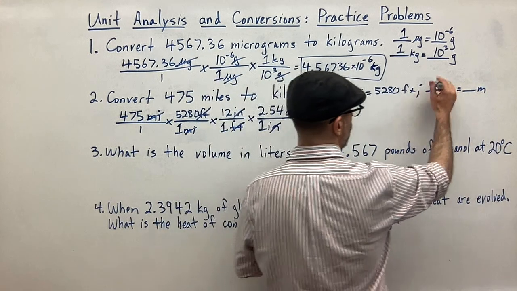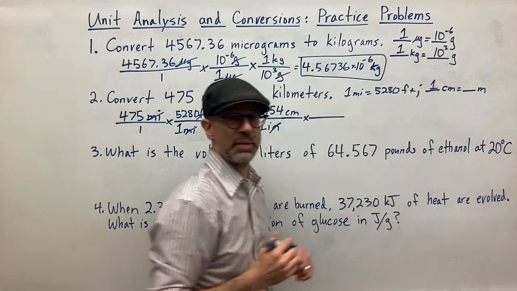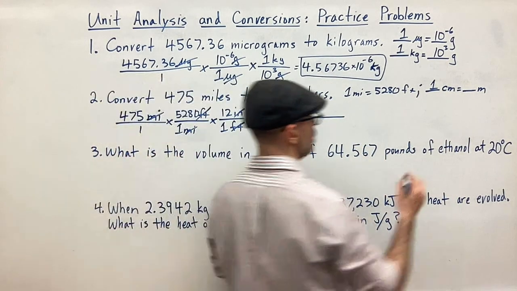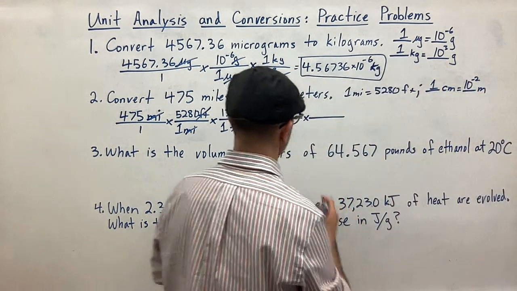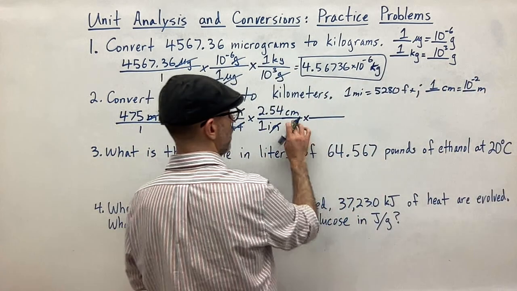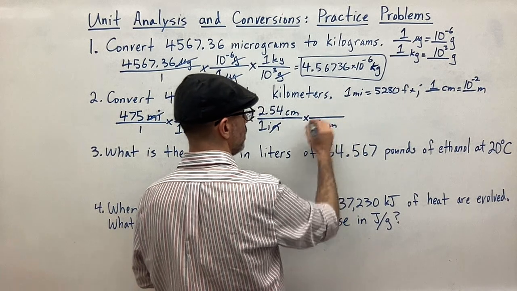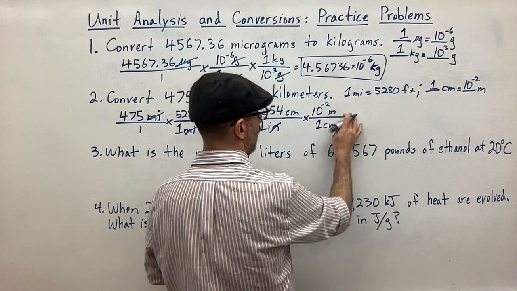So I always put the 1 with the prefix. So centi is the prefix. Centi means 1/100th or 10 to the negative 2. So 10 to the negative 2 meters. And so I can set that up here. So I have centimeters on top, so I'm going to put centimeters on the bottom: 1 centimeter on the bottom and 10 to the negative 2 meters on top.